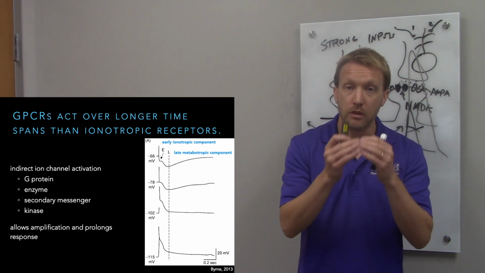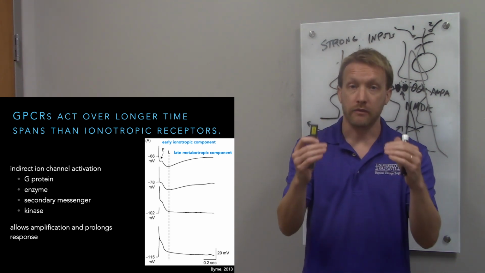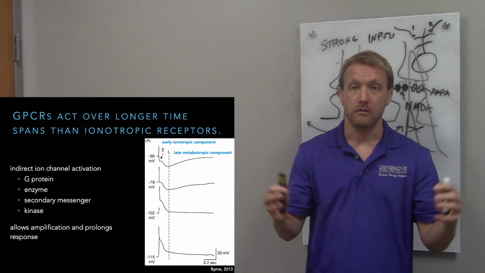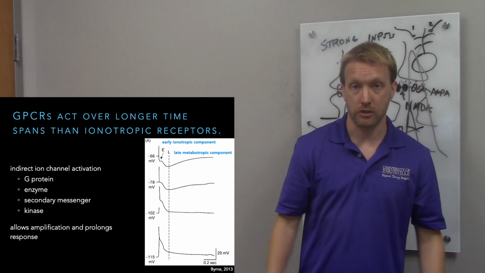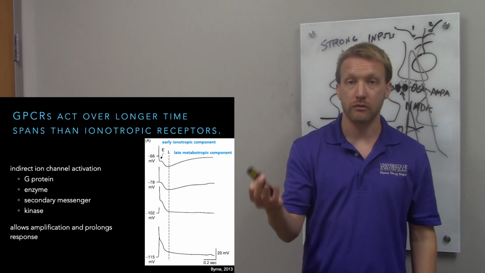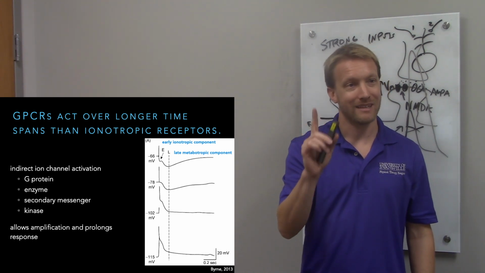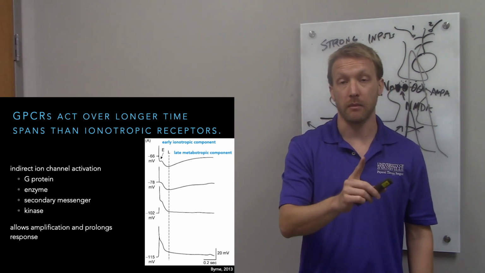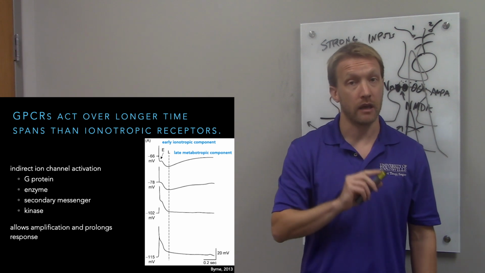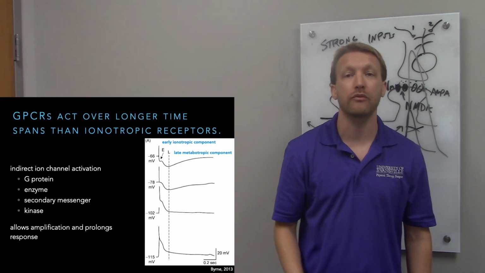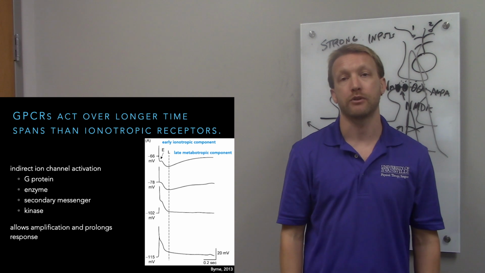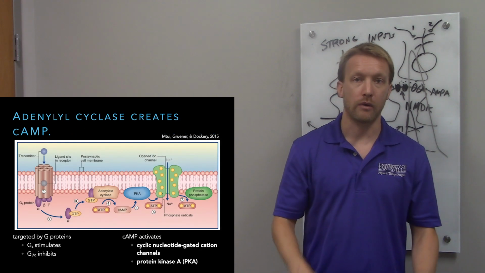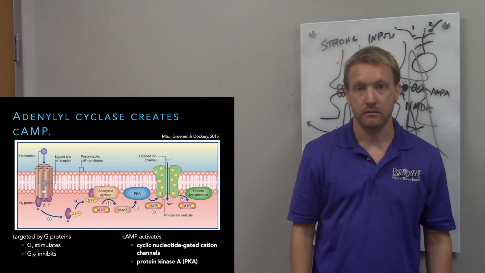So at each bullet point over there, we're amplifying our signal, essentially growing it exponentially, so we get a much larger effect, but it's slower. It's slower to come on, it's also slower to go away. So we can have pretty profound effects here using metabotropic receptors. Alrighty, let's get into some details.